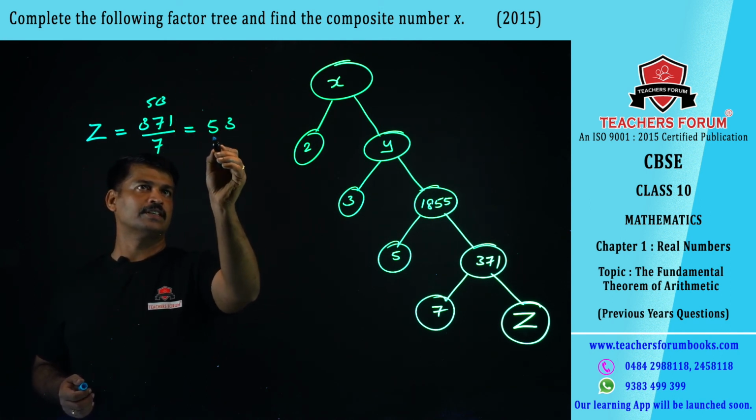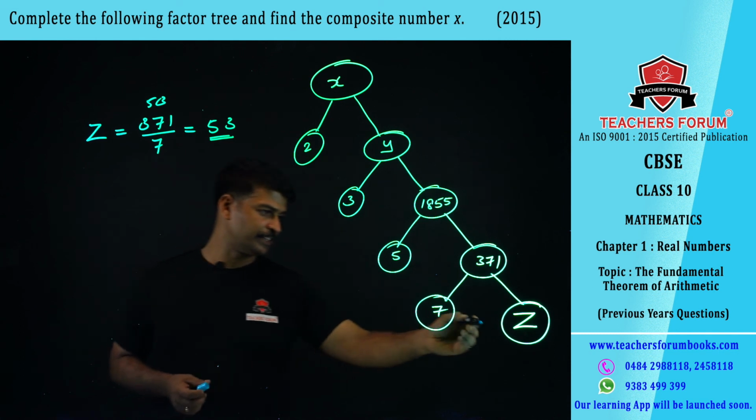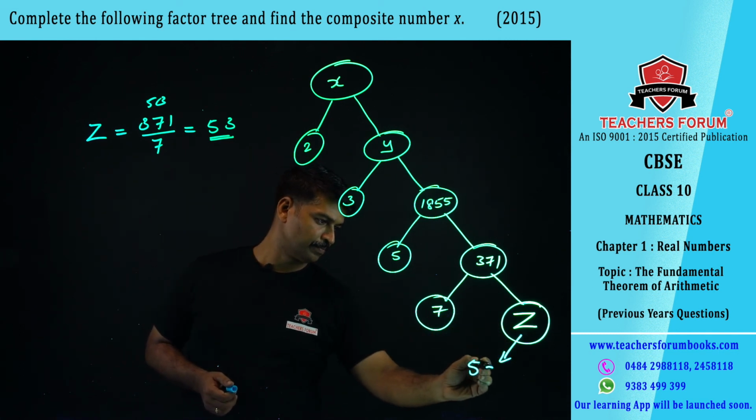So the value of z is equal to 53. So you get here z as 53.